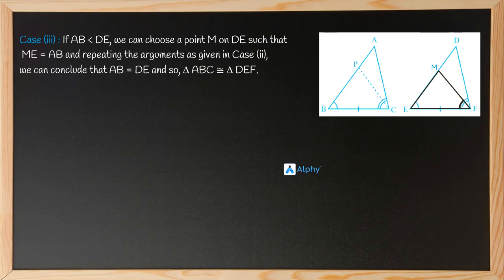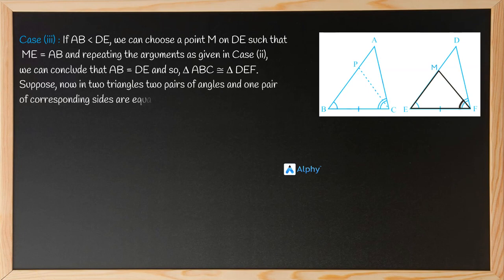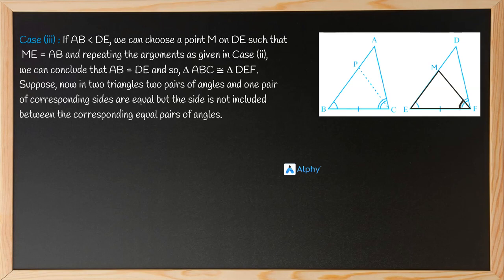Now suppose in two triangles, two pairs of angles and one pair of corresponding sides are equal, but the side is not included between the corresponding equal pair of angles.